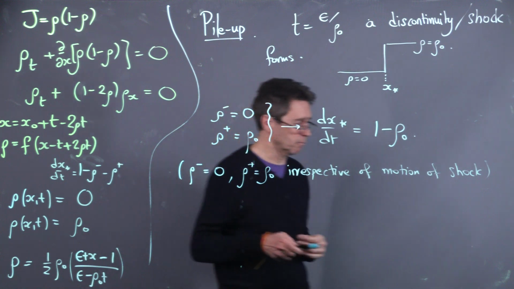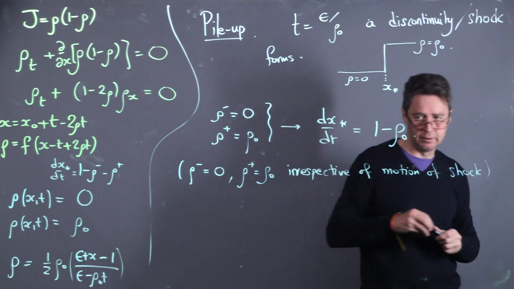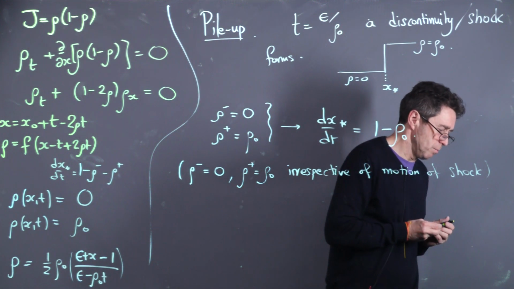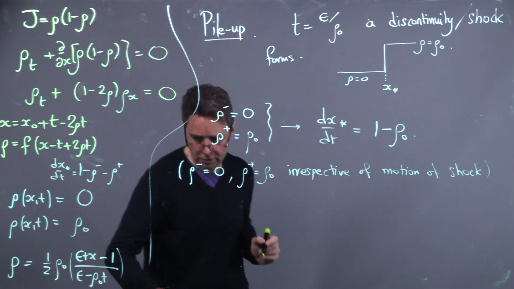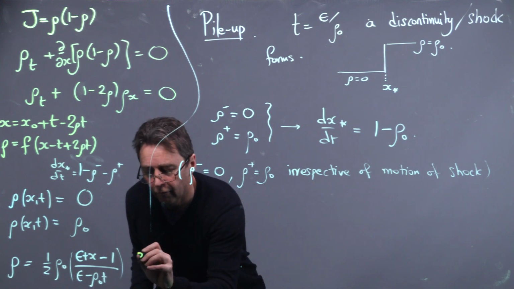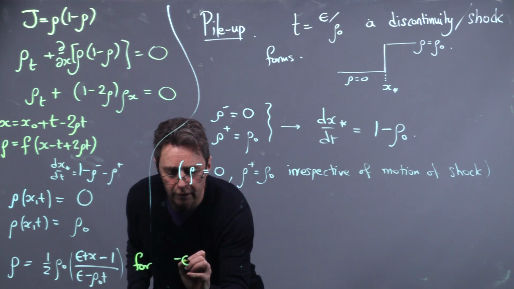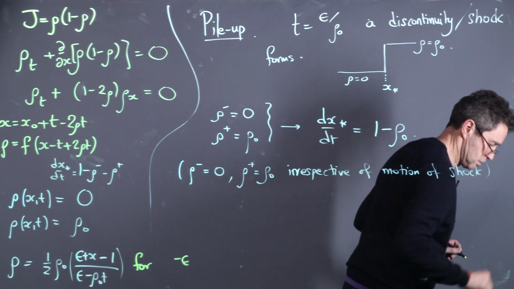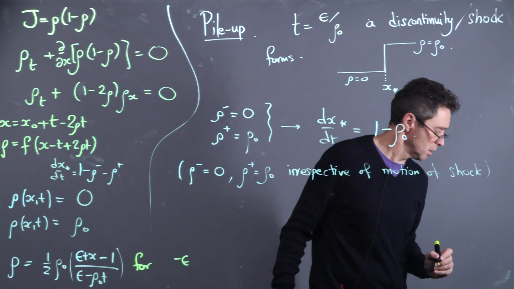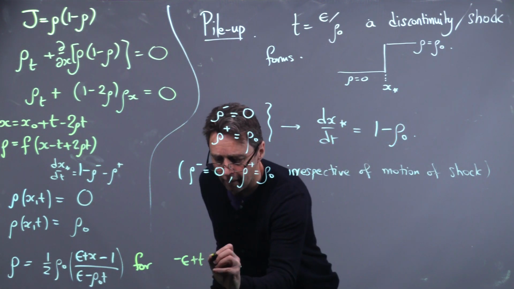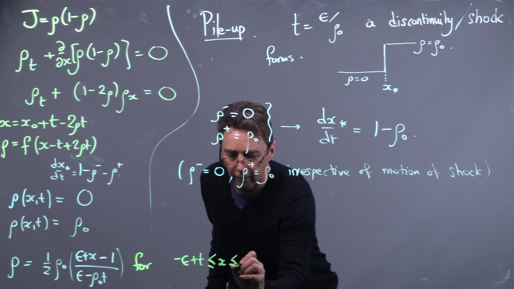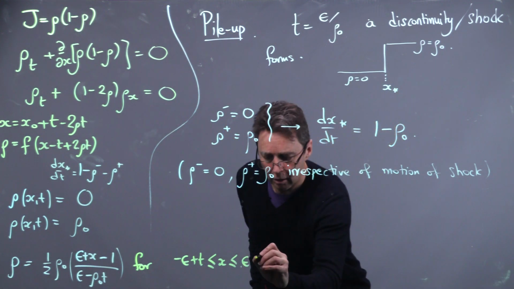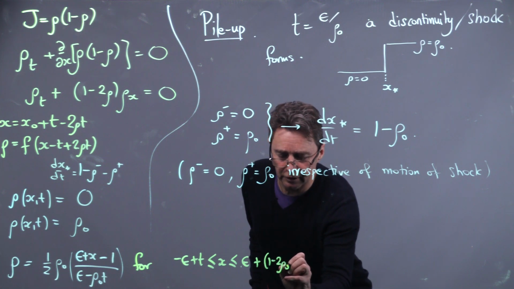Okay, so now let's just complete the analysis of the problem. If I go back and look at this, that was the solution that we had for minus epsilon plus t, and epsilon plus 1 minus 2 rho 0 t.